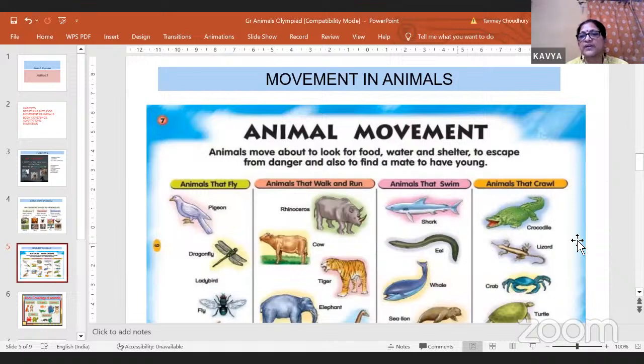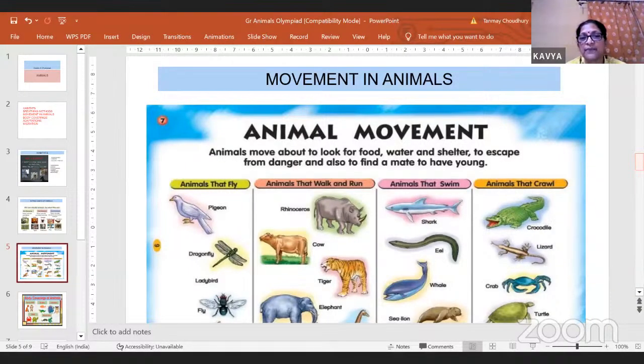Okay, now the movement in animals. How do animals move? Now, when you read about plants, you saw that plants don't move, but animals move. And animals have got various types of movement. The animals who live in water will swim. The animals who live near water, for example, the crocodile and these reptiles, they crawl. So that is one characteristic feature of reptiles.